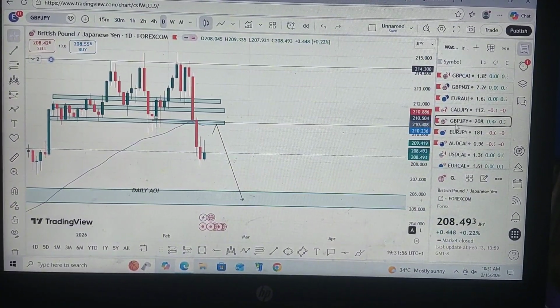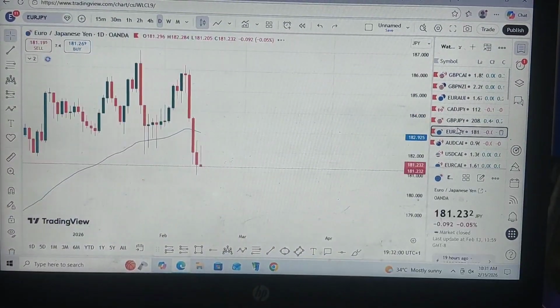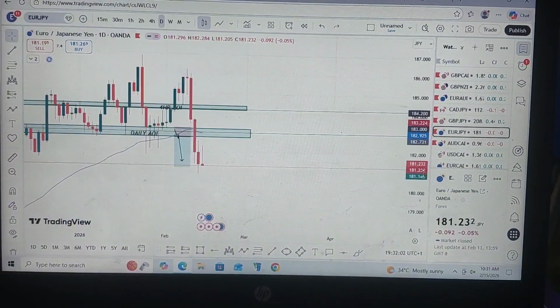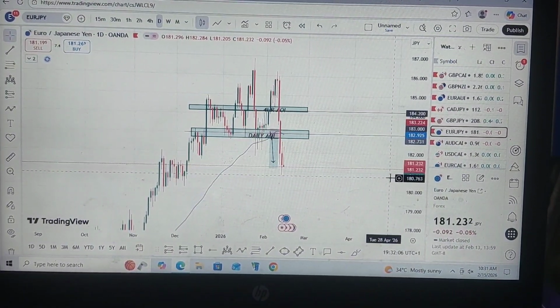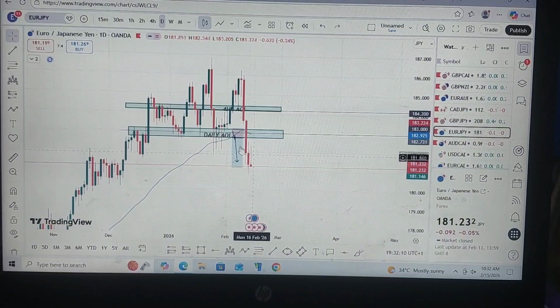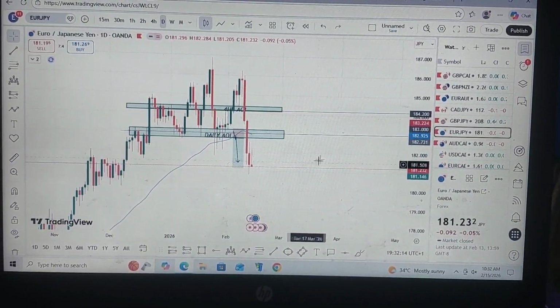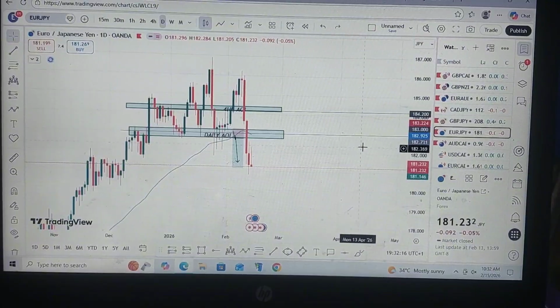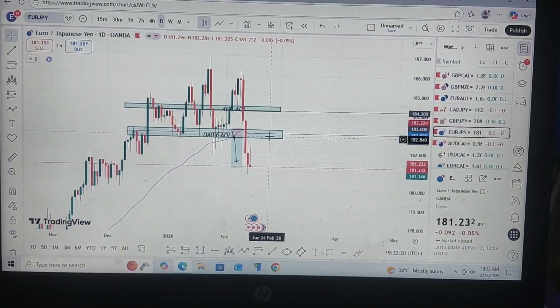Next on my list is Euro JPY, similar to CAD JPY and GBP JPY. What I'm expecting is the pullback to this daily area of interest, pullback to EMA, pullback to the key level 183,000, then I continue my sell off.